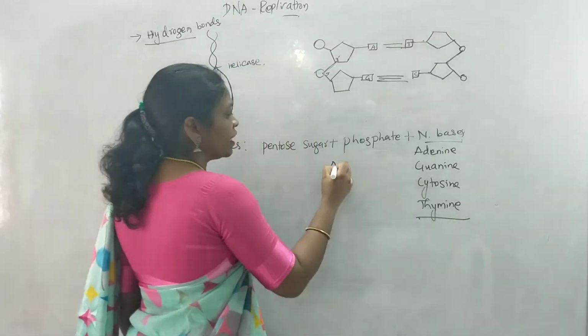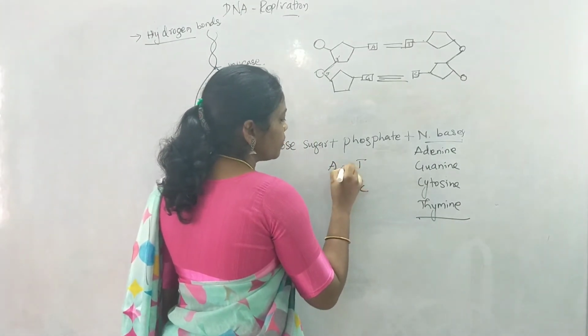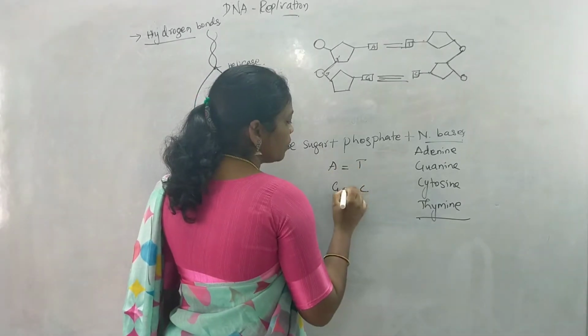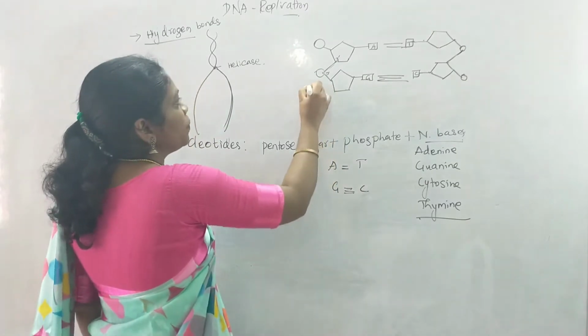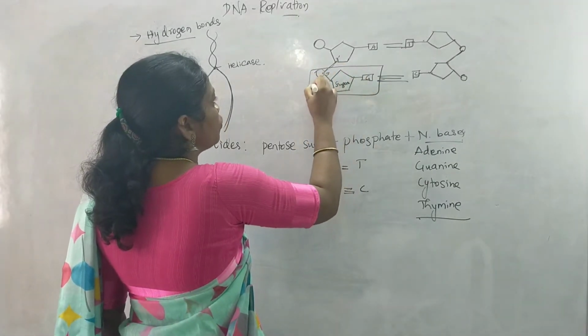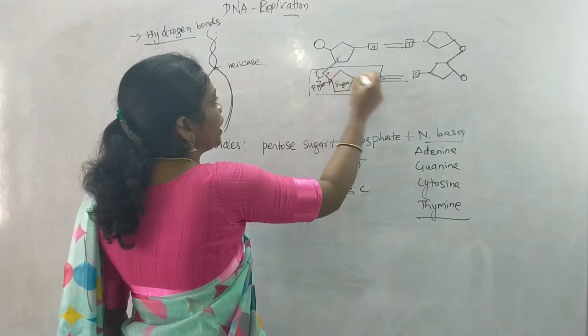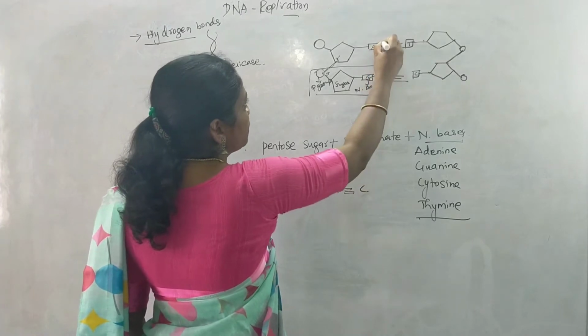We already know adenine will always pair with thymine, and guanine will always pair with cytosine. Here you can find 2 hydrogen bonds, and here 3 hydrogen bonds between guanine and cytosine. This is a complete nucleotide, with a pentose sugar, a phosphate group and a nitrogenous base.